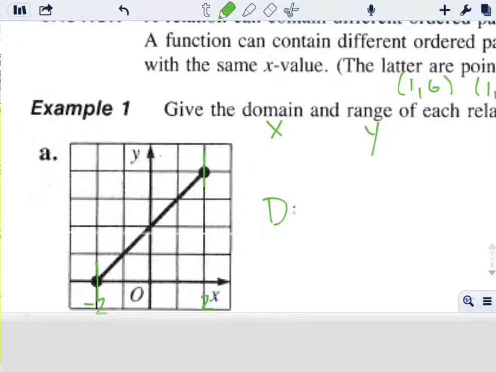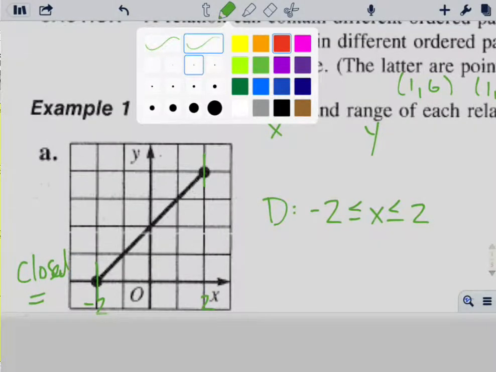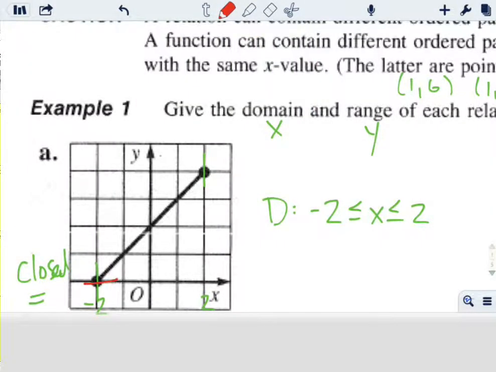So your domain goes from -2 is less than or equal to x is less than or equal to 2. It's less than or equal to because the lines are closed in. We're closed at the points, so we've got the equals part. Now the range is up and down. It goes from here to here. Y is the range. Again, they're closed at both points.